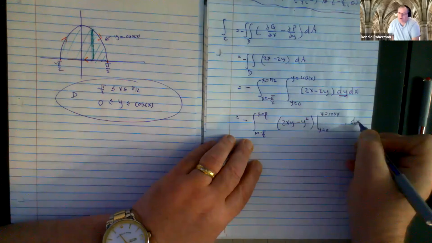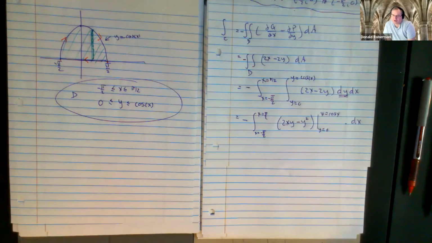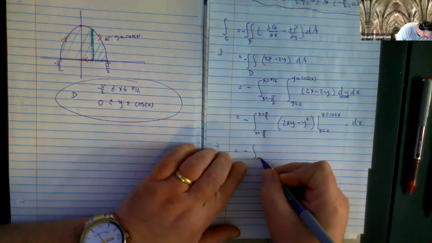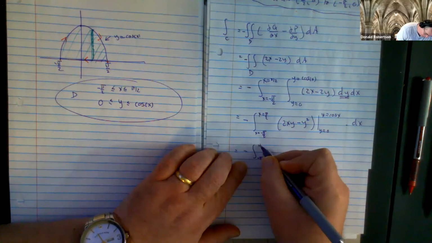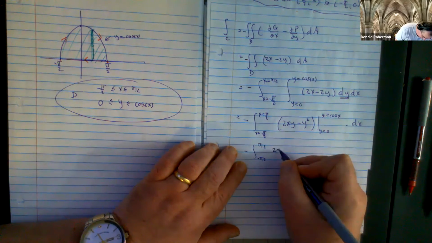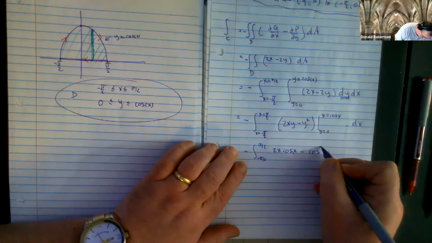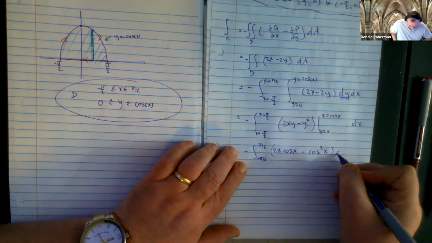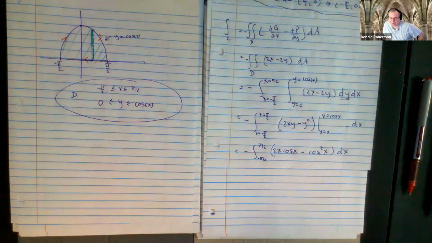We happy with that? Integrate 2x, you get 2xy. Integrate minus 2y, you get y squared. That now becomes, if you plug in cosine, 2x cosine x, take away cos squared x, minus a whole load of nothings. So that's what we get.